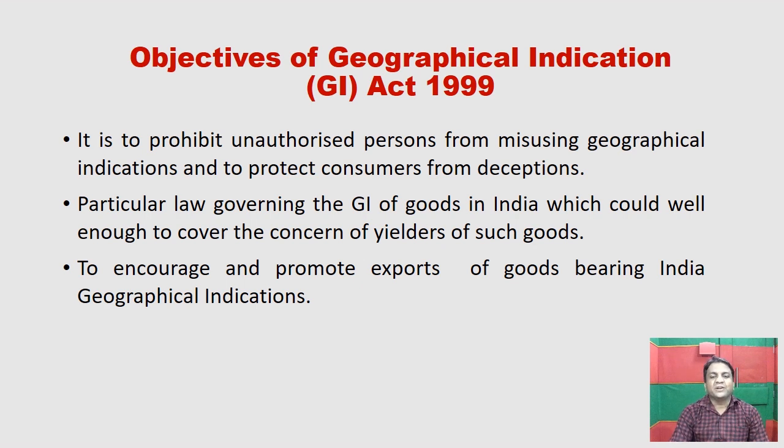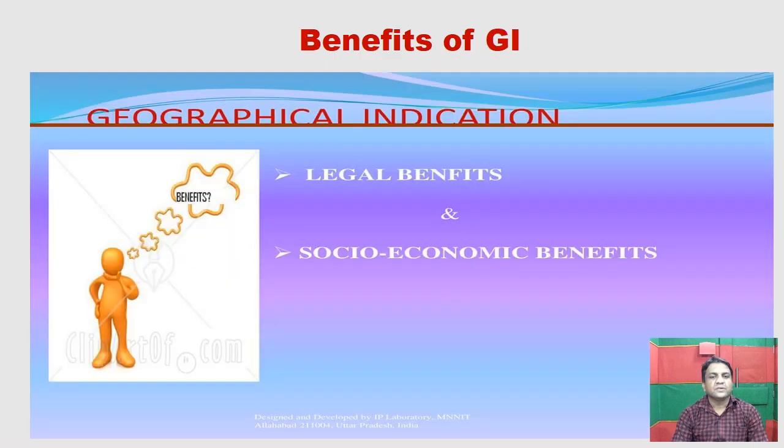So it gives some exposure to the exporters of goods or produce items in the international market, so that it helps to encourage and promote the exports of goods bearing Indian geographical indications. These are the objectives of a GI.